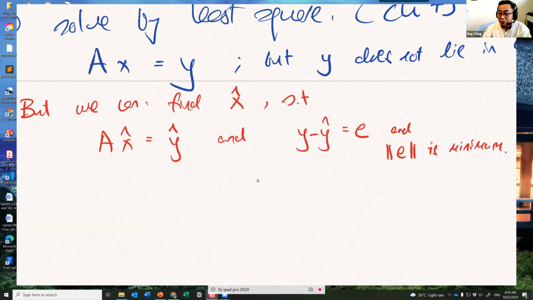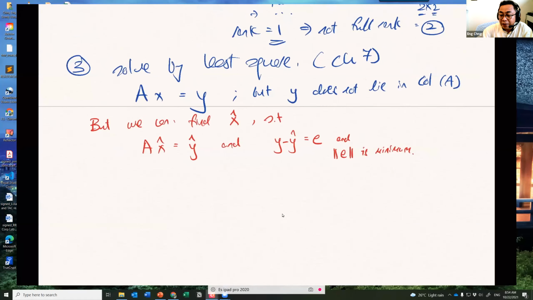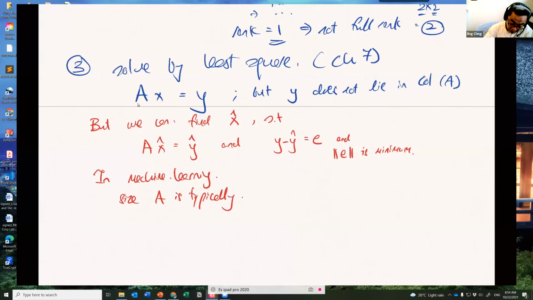Okay, so the least squares problem is a nice real world problem, because most of the time we can never find y in the column space of A. In machine learning, the size of A is typically, make a wild guess, guys, hundreds of thousands by tens of thousands.